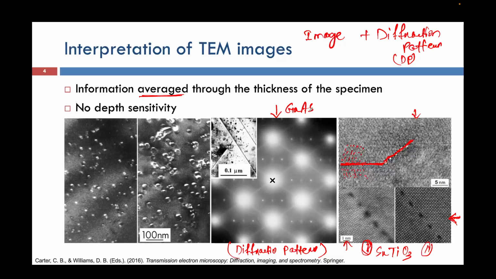So what do you mean by diffraction pattern? Diffraction pattern is nothing but a collection of all the planes in the reciprocal space. We have defined the reciprocal space in such a way that the real planes will always be points in reciprocal space.